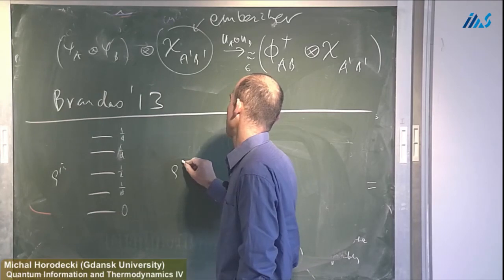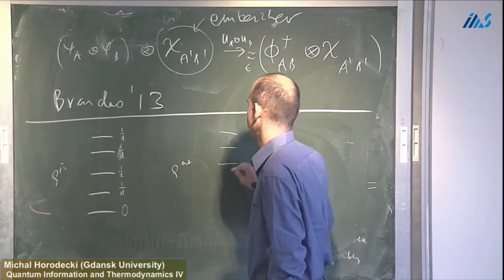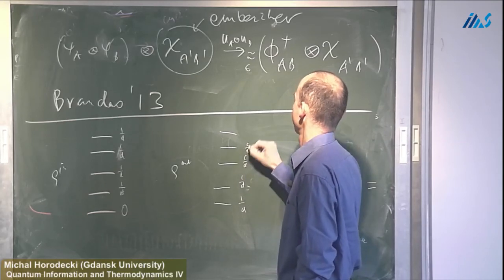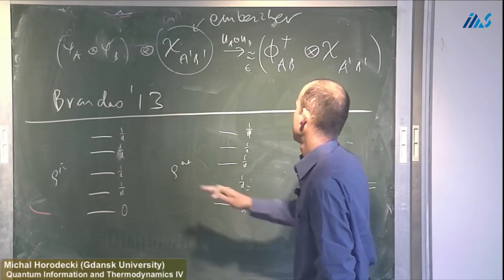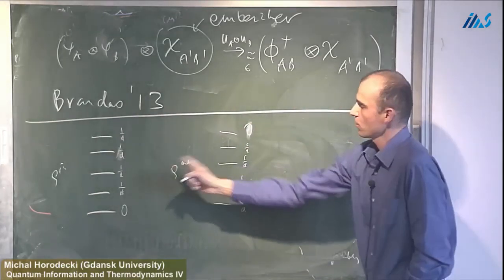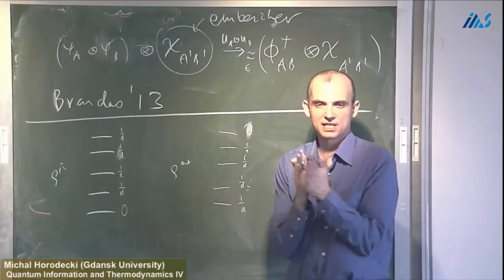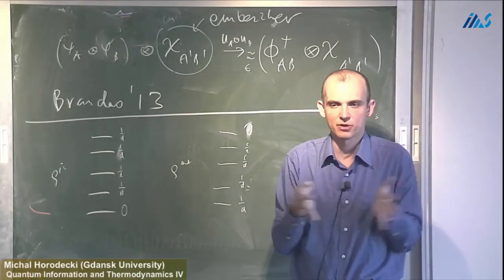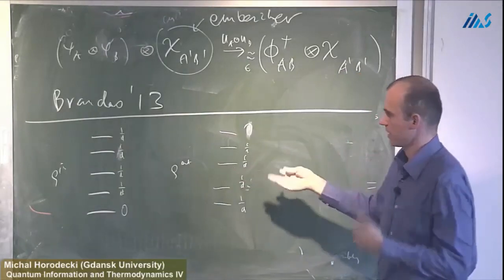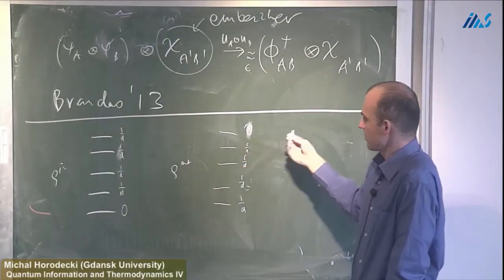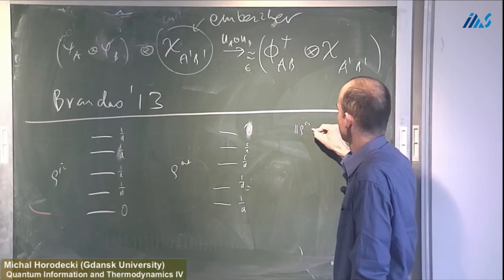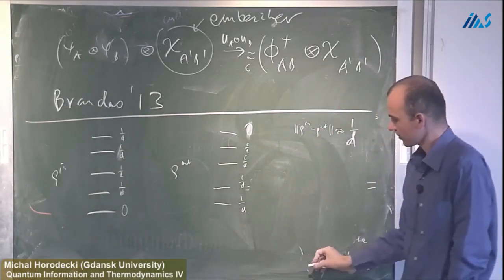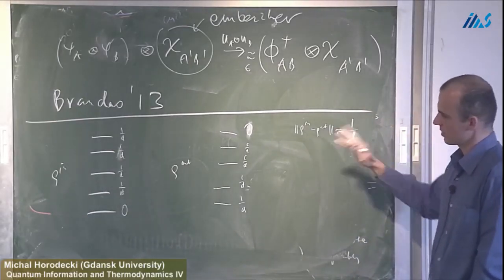Then you go to the output state, which is this. These states are extremely close in any fidelity measure, any norm that is useful, like the trace norm. Namely, the distance is just 1 over d. So if d is large, it has completely disappeared.